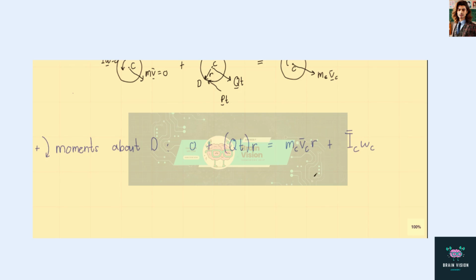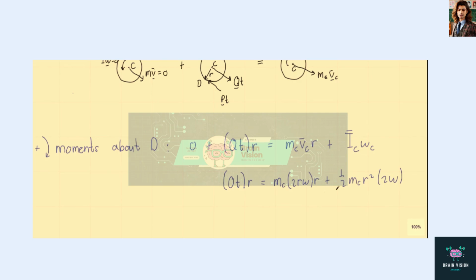So some of these we have values for, we can substitute them in. So this is Q times t times r is equal to m C, and remember V bar C we wrote as 2r omega, times r, plus a half m C r squared times 2 omega.